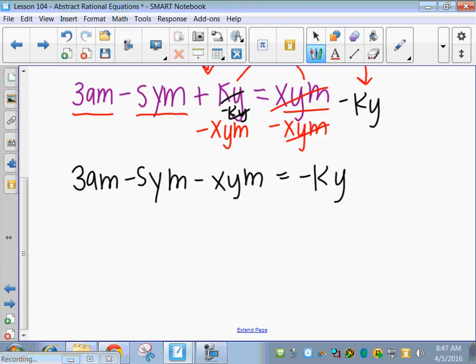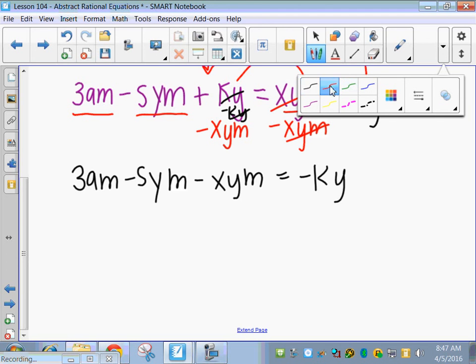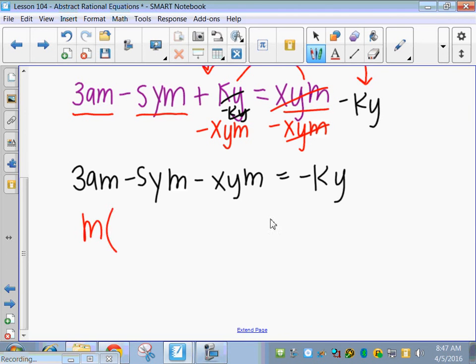All right, we're solving for m, so the next step is to factor out that variable that you're solving for. So I'm going to pull out an m from all three of these terms now. So if I take out an m, what's left here? 3a. If I take out an m, what's left here? Minus sy. If I take out an m, what's left here?